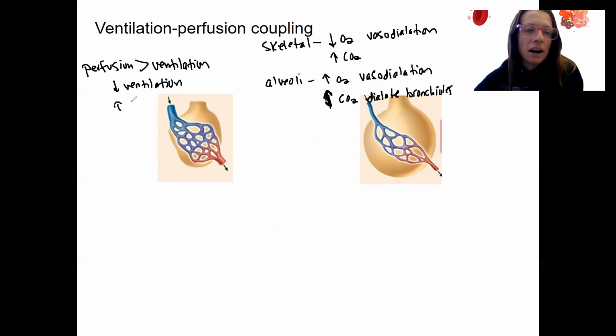It could be due to high PCO2 and low PO2, which often go hand in hand. This could be the cause of having perfusion be greater than ventilation.